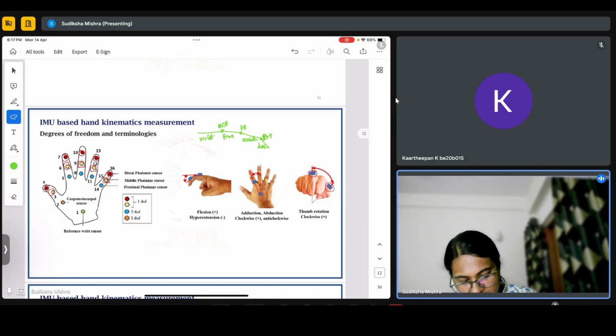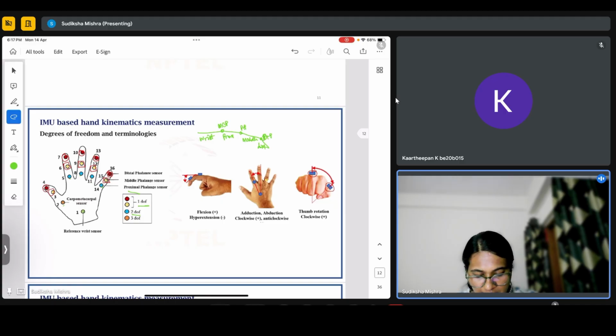For the distal phalange and the middle phalange, they have used sensors which have 1 degree of freedom. For 5, 8, 11, and 14, which are at the proximal phalange, they have used sensors which have 2 degrees of freedom.